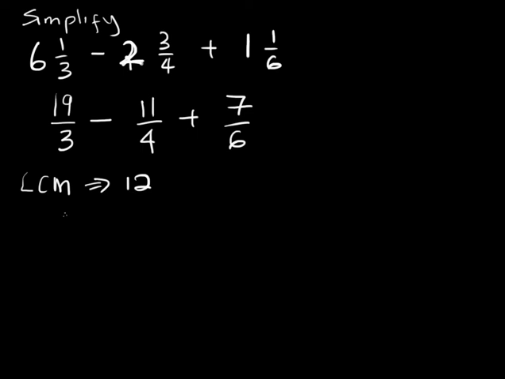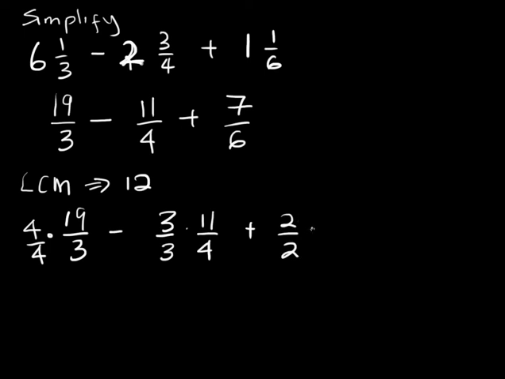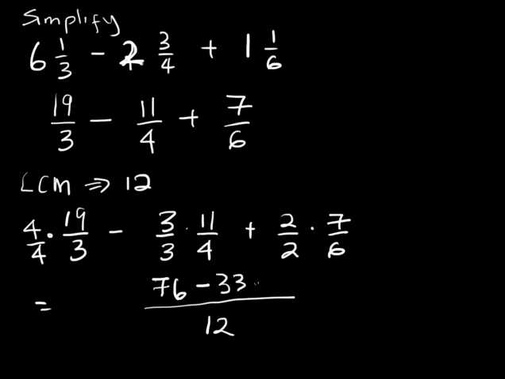So we can see that the 19/3 must be multiplied by 4/4, minus 11/4 must be multiplied by 3/3, plus 7/6 must be multiplied by 2/2. All right, so that our bottom part will all be 12. So 4 times 19 becomes 76 minus 33 plus 14.